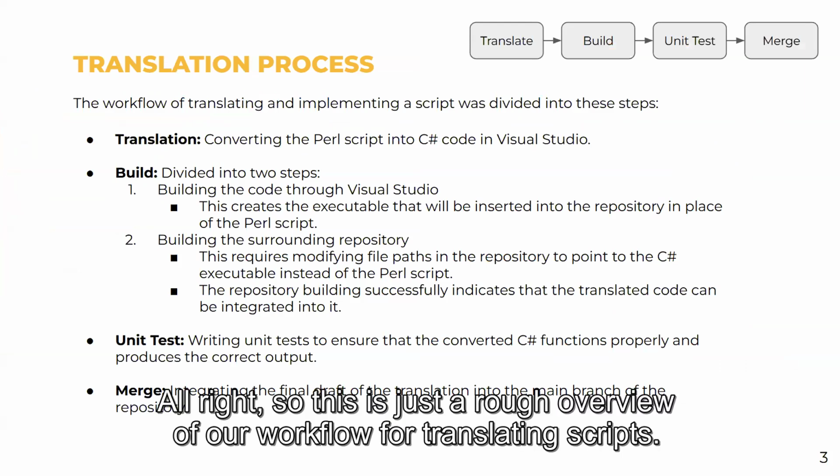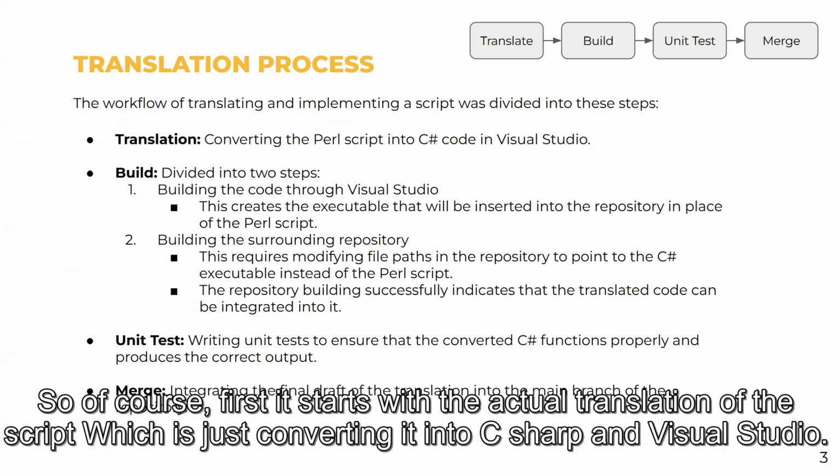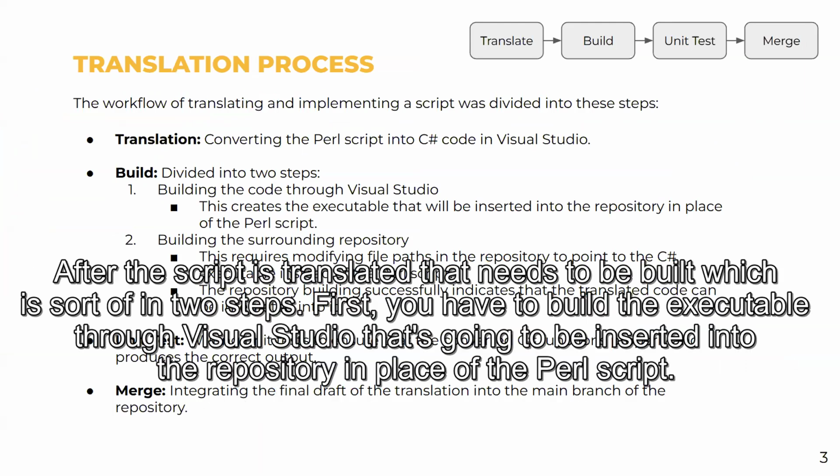All right, so this is just a rough overview of our workflow for translating the scripts. First, it starts with the actual translation of the script, which is just converting it into C sharp in Visual Studio. After the script is translated, it needs to be built, which is sort of in two steps. First, you have to build the executable through Visual Studio that's going to be inserted into the repository and replace the Perl script.